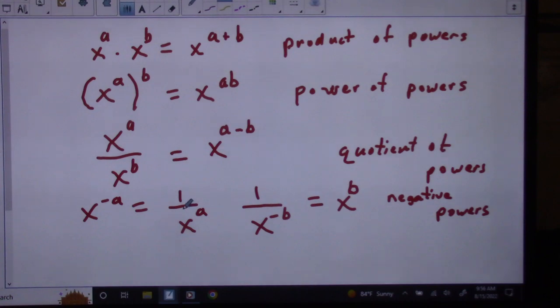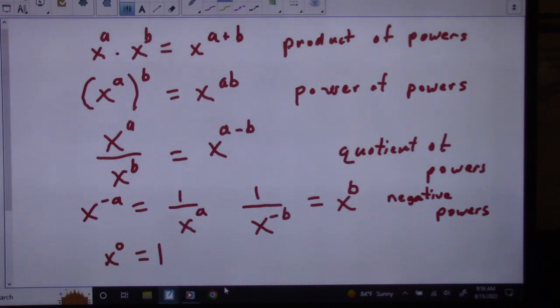Okay, and we have one more rule of exponents. It's this one: x to the power of 0 equals what? One. X to the power of 0 equals 1.